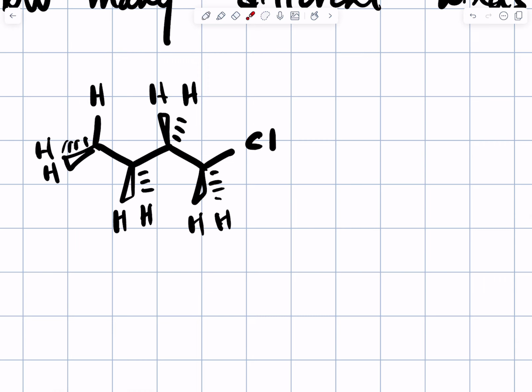Remember, homotopic, you look for a rotational axis of symmetry. Enantiotopic, you look for a mirror plane that interchanges the protons. Diastereotopic, you do the thought experiment. These two protons, A and B, identical or different?